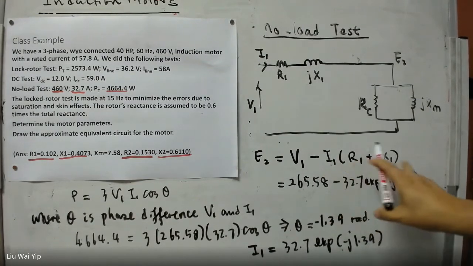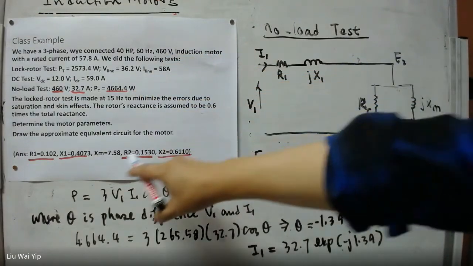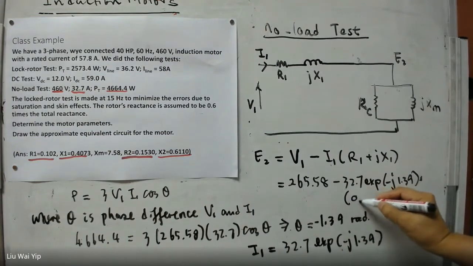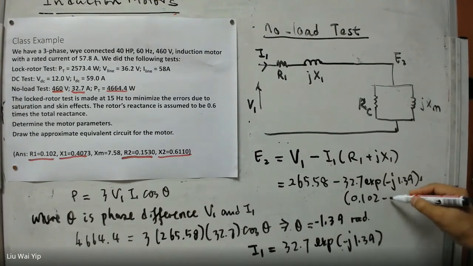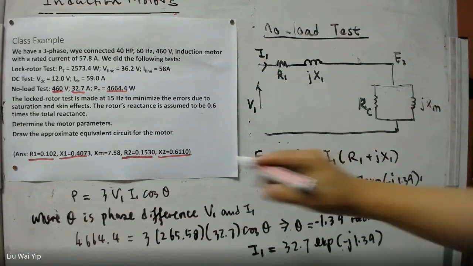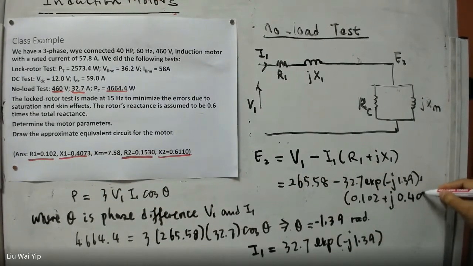And then times the reactance here. The impedance is given by this value, right? 0.102 plus j X1, right? 0.4. So if you do it carefully, then you will find out the phasor for E1.